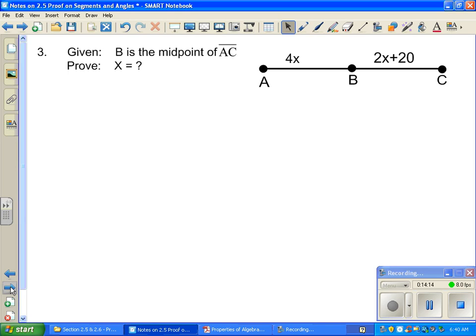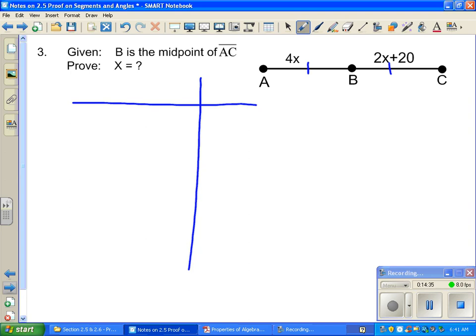And in this, we're going to look at midpoint. We know midpoint means it's in the middle. So we know that when we want to set this problem up, that this segment is equal to this segment, that AB is equal to BC. So we'll start off with our same thought as we did before.